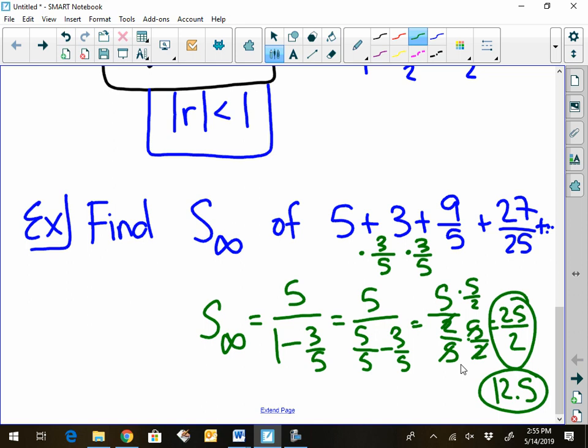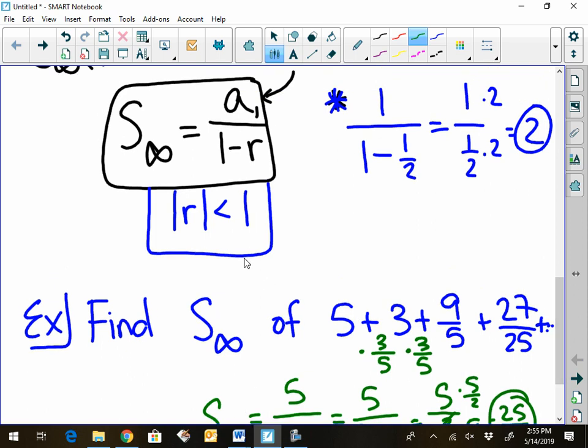So as we keep going to infinity, we will reach this. And notice the only way we could do this sum is because the ratio was less than 1. So if our ratio would have been 5 over 3, well, that's not less than 1. So we wouldn't have been able to find the sum.